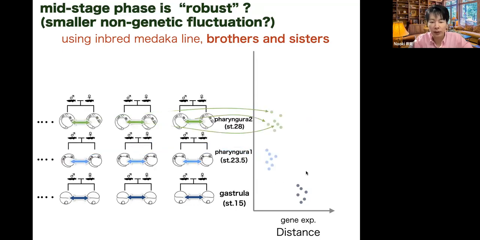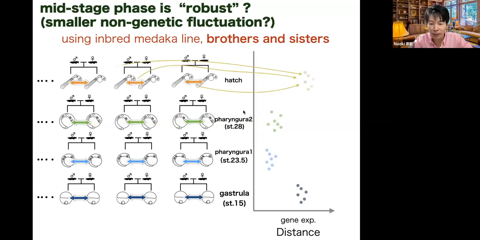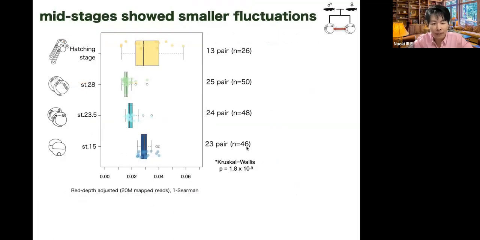So this was our expectation: we may have a more stable phenotype or stable feature for mid-embryonic stages. And here's the actual result. Just like we expected, mid-embryonic stages showed smaller fluctuations. They were more stable.